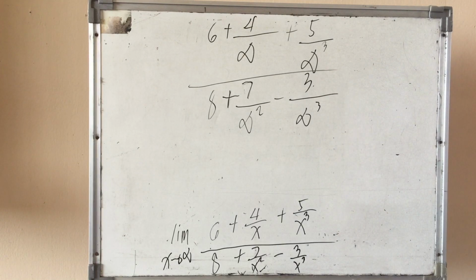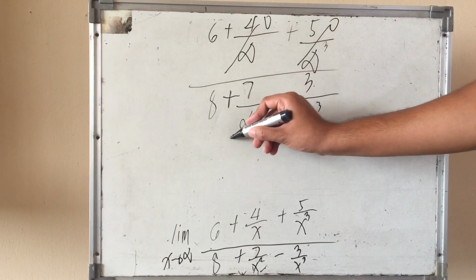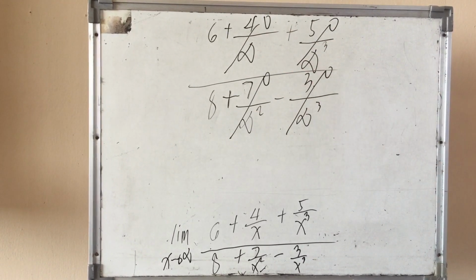We know that 4 over infinity is equal to 0, 5 over infinity is equal to 0, 7 over infinity is equal to 0, and 3 over infinity is equal to 0 from our limit at infinity. So this is equal to 0, 0, 0, 0.